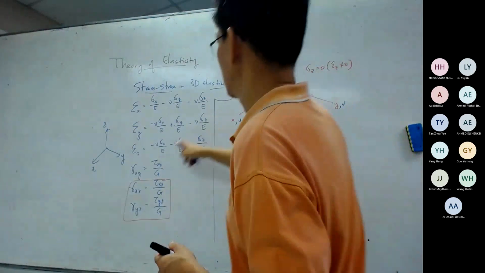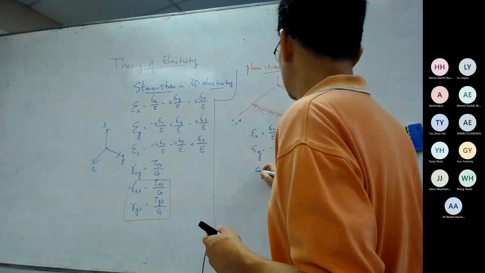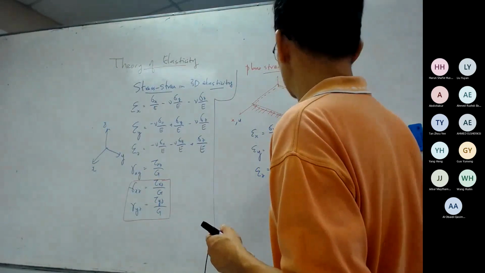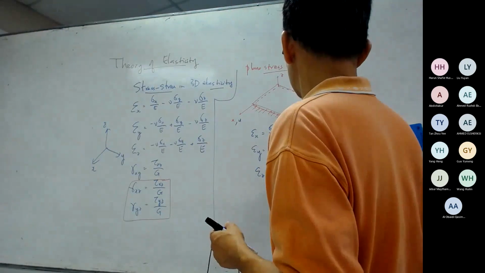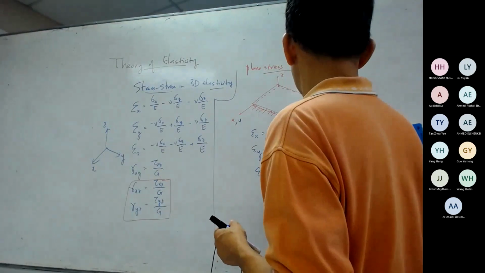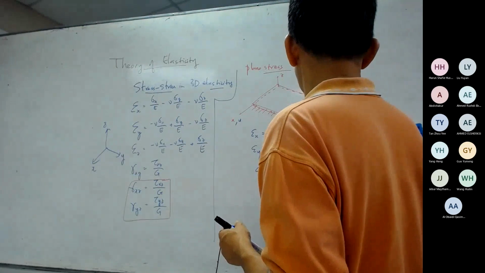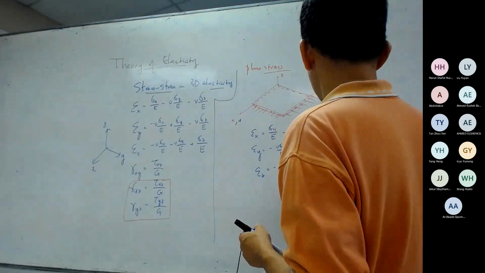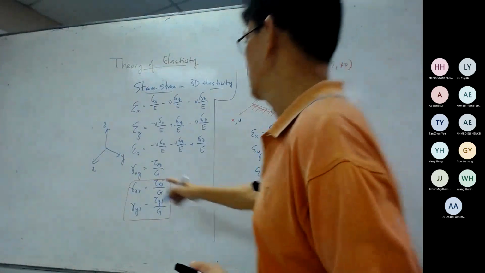And this one becomes 0. And this third one, z is equal to x. And the last one is this.